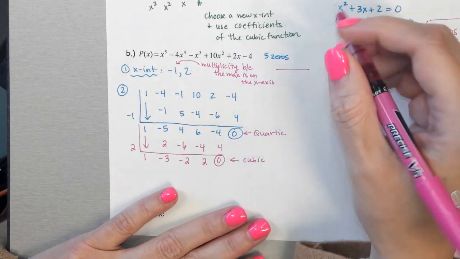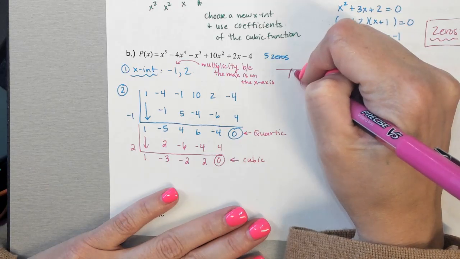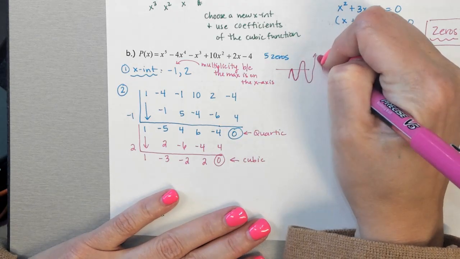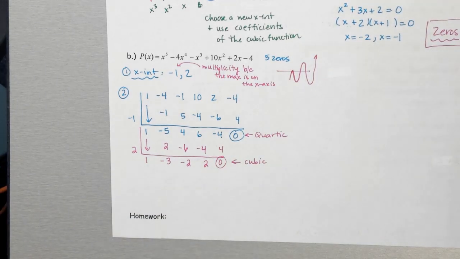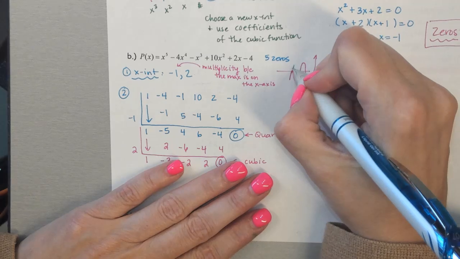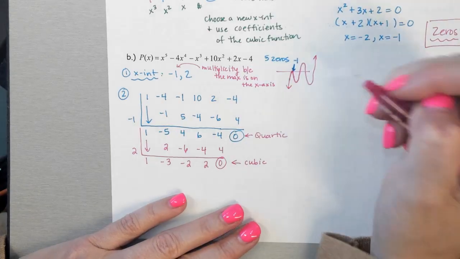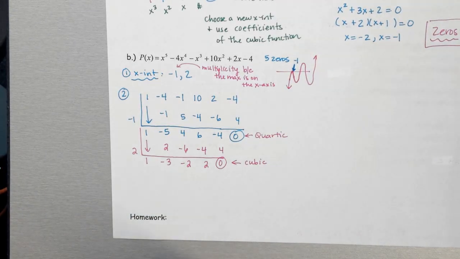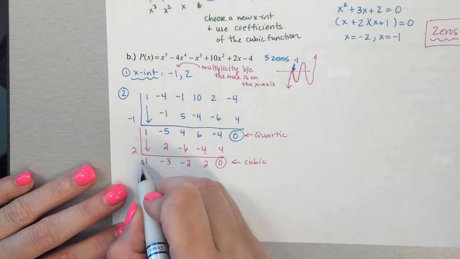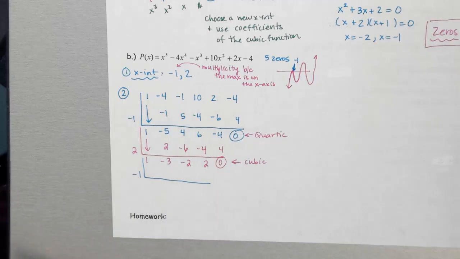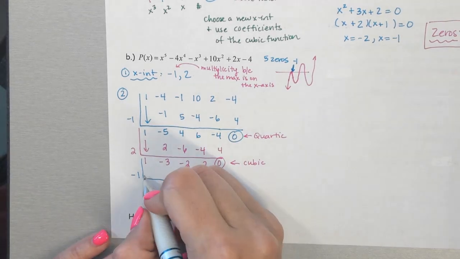And if you want to draw a little sketch to show that's what it is, that's at -1. Okay, so if the maximum is on the x-axis, there's going to be a multiplicity. So what that means is you can use -1 again. The zeros won't work twice unless it's a multiplicity. If I did 2 here, it wouldn't work. I wouldn't get 0.